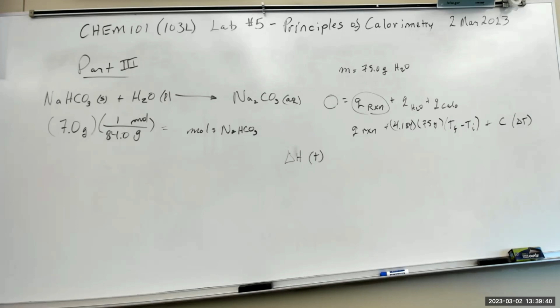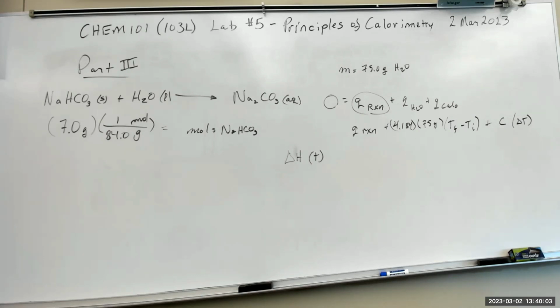Let's see. Number 4 is, I believe, the hot pack. Yeah, sodium carbonate dissolved in a pack. Calculate the heat required to raise the water temperature 30 degrees. No, that's my notes, excuse me.